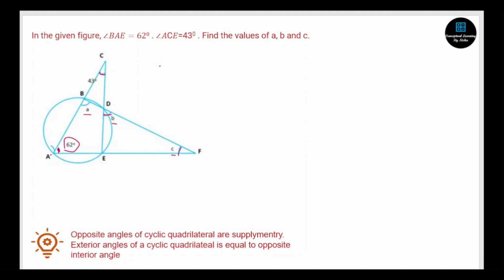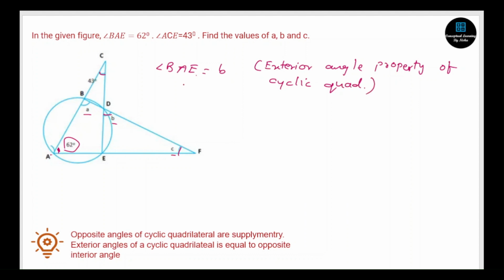Yes, the last theorem. So angle BAE equals B. Why? Because of the exterior angle property of a cyclic quadrilateral.